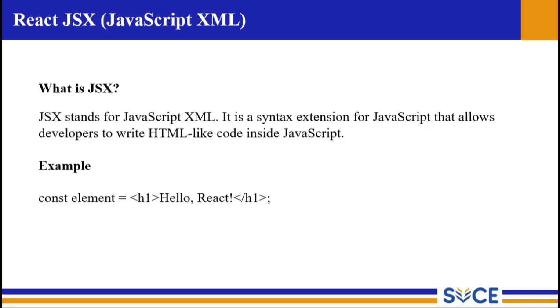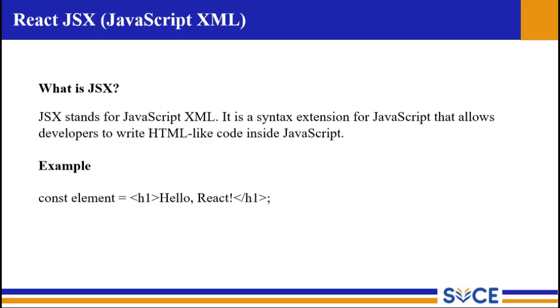Imagine writing JavaScript code without JSX. Creating even a simple web page would require multiple JavaScript function calls. The code would become lengthy and difficult to understand. JSX solves this problem by allowing developers to write HTML like tags directly inside JavaScript.